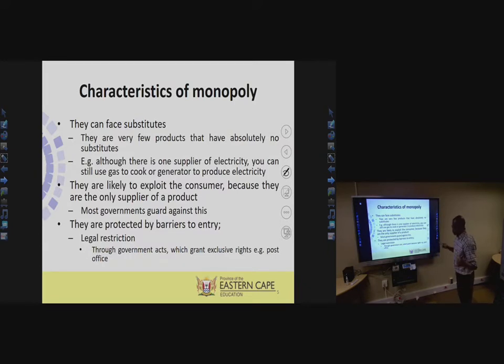Remember, in order for electricity to reach us, there must be power stations. Can you imagine how much is used to build those power stations? There must be power lines from those power stations to reach our homes. That is capital, and that's a huge amount of capital.